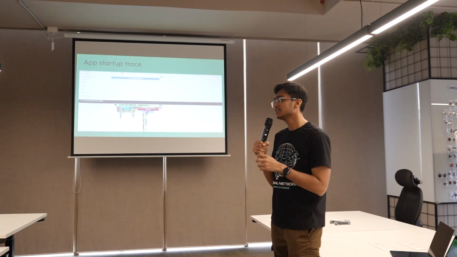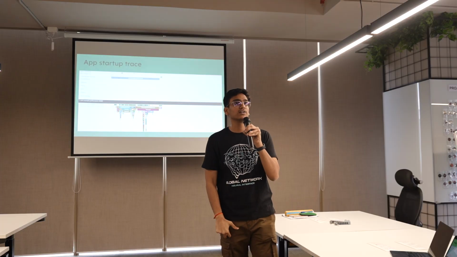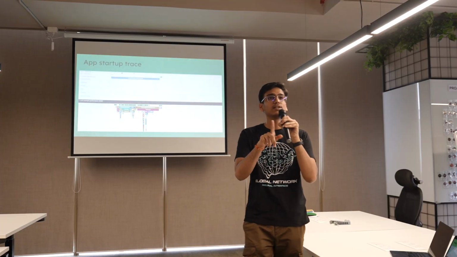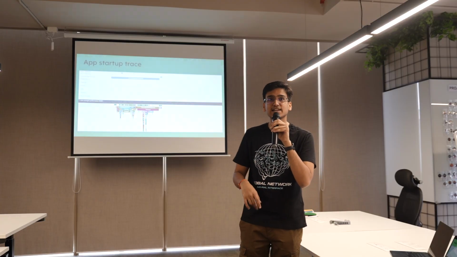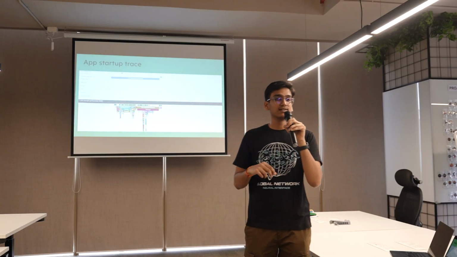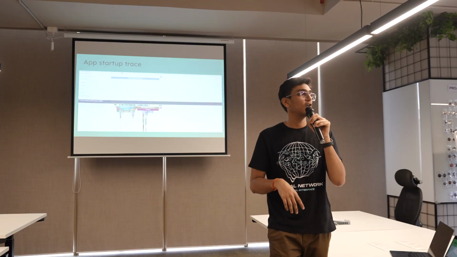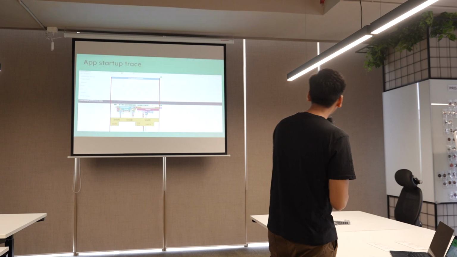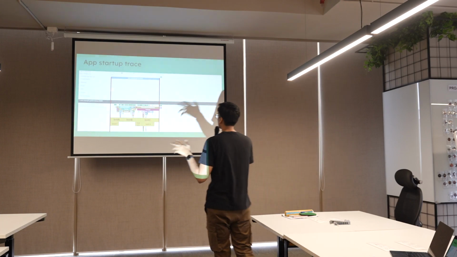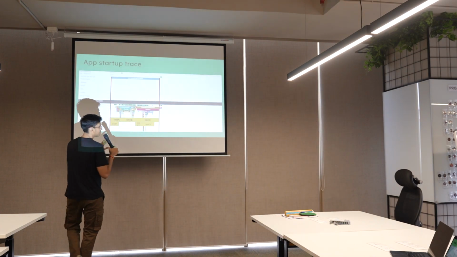So maybe what you can do is, let's say your application has an onCreate method. You see what all dependencies are getting initialized. You can add traces for all the library initializations, and once you add these traces, you'll be able to see, okay, let's say I added some traces as we saw in the previous slides.